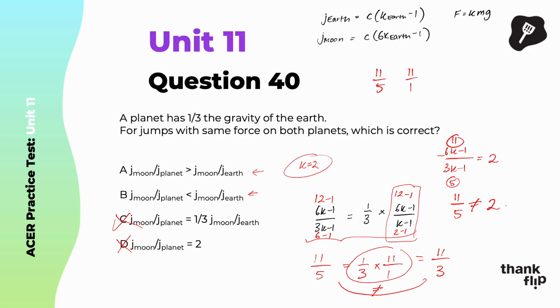So we've just plugged in a random k value here. We can see that 11 over 5 is less than 11, right? And so that would have disproved this one, and you would have been able to circle B. So that's another strategy that you could have used.